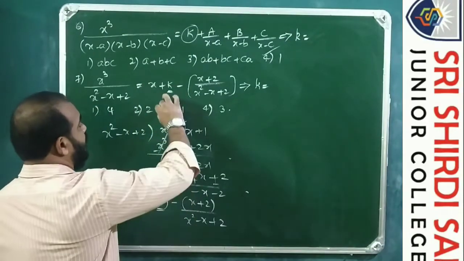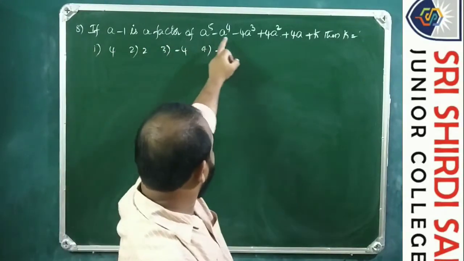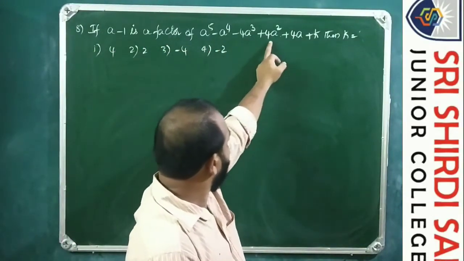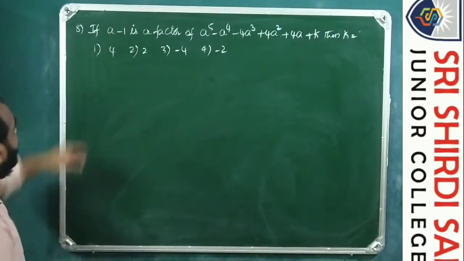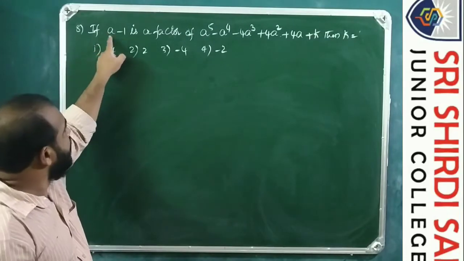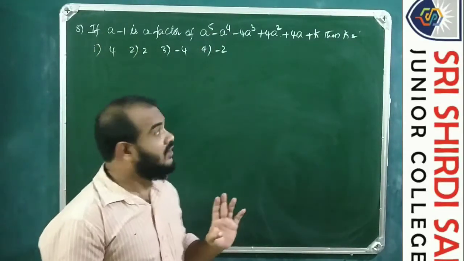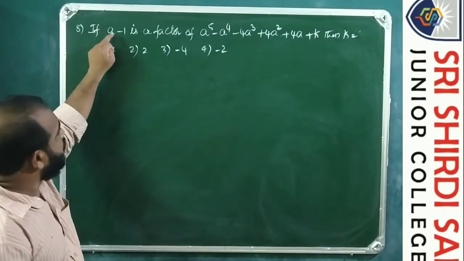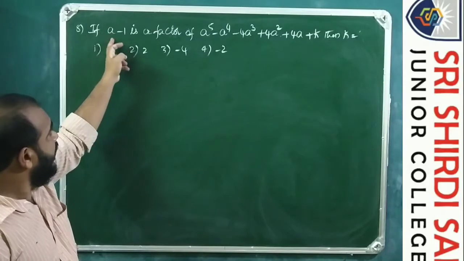So option number 3. If a minus 1 is a factor of a power 5 minus a power 4 minus 4a cube plus 4a square plus 4a plus k, then k is equals to. So if a minus 1 is a factor, a is equals to 1 is a root, and the root has to satisfy the equation. That is given already, then a is equals to 1.